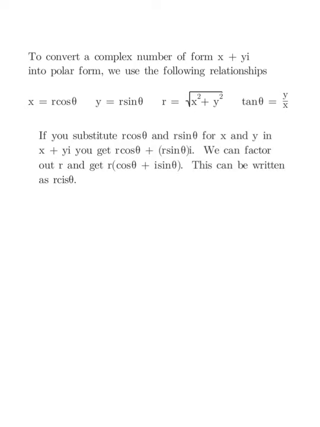If you substitute r cosine theta and r sine theta for the x and the y in x plus yi, then you get r cosine theta plus r sine theta times I. But then if you factor out the r, you get r times the quantity cosine theta plus I sine theta, or we sometimes write this as r cis theta.